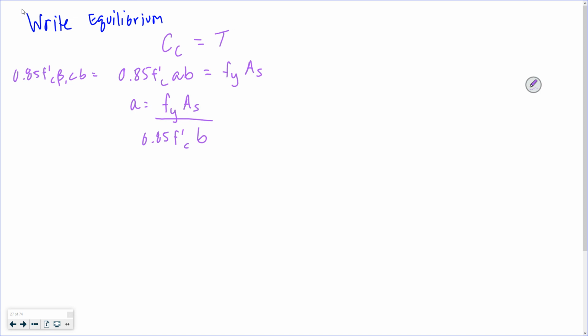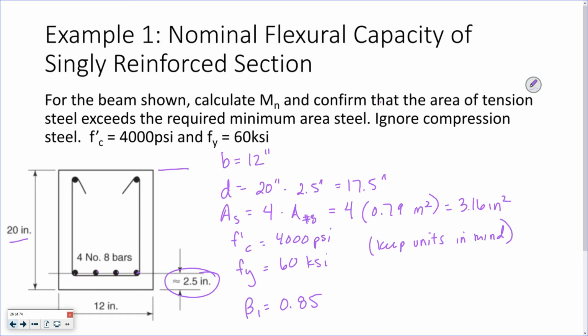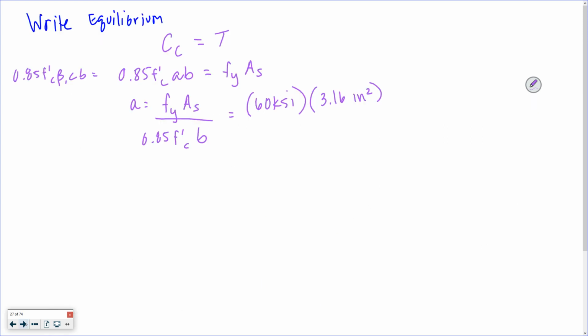But I'm just going to solve for the depth of my stress block. So 60 KSI, because I'm assuming that I have yielded my steel, my area of steel, 3.16 inches squared, divided by 0.85. And here's F prime C, 4,000 PSI or 4 KSI.